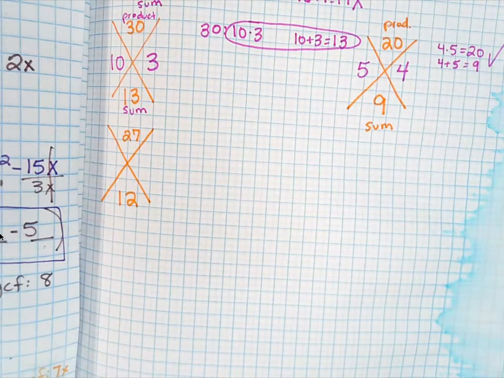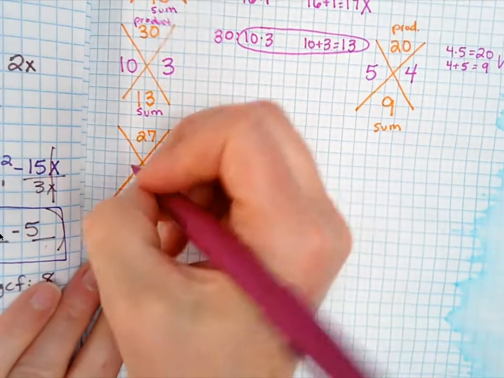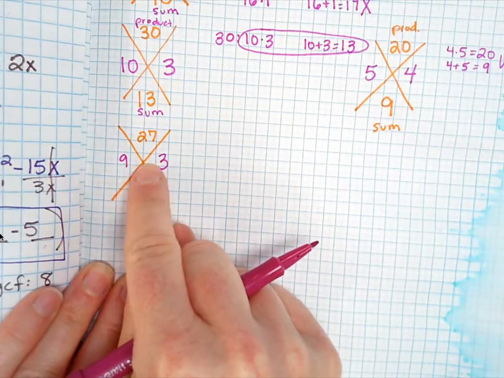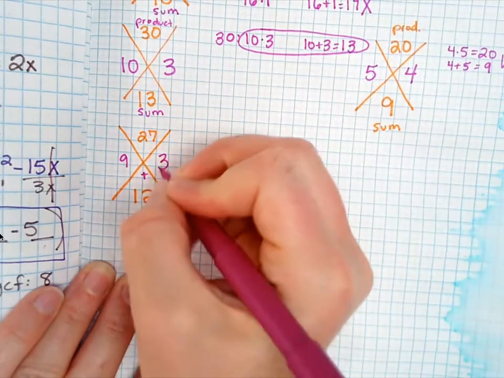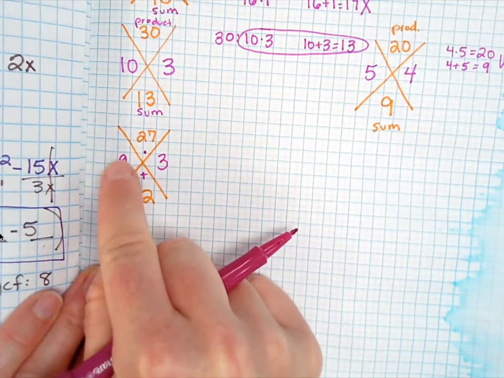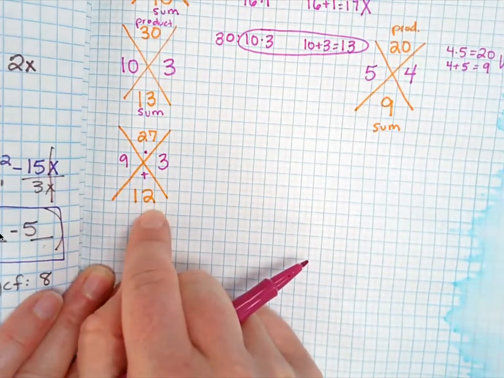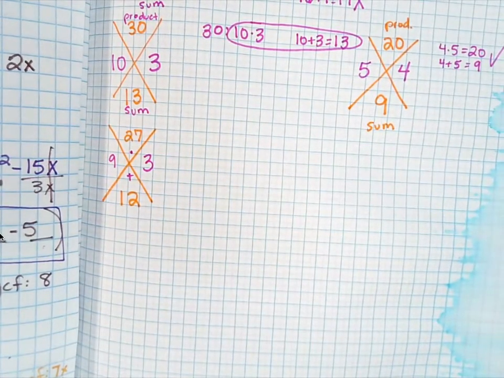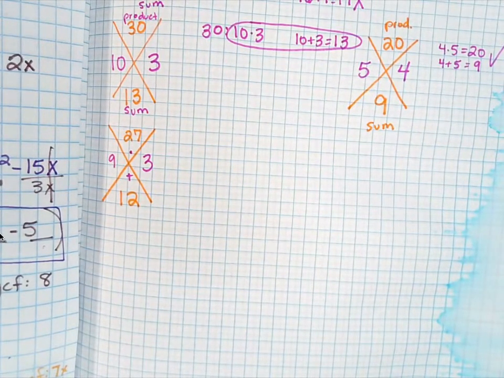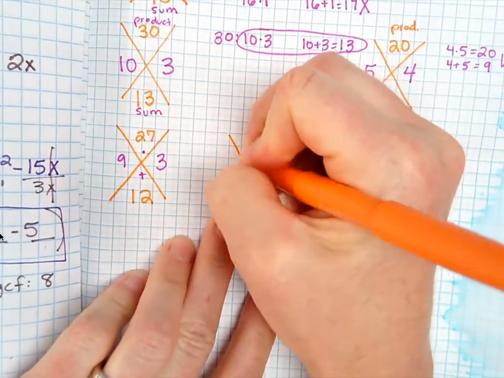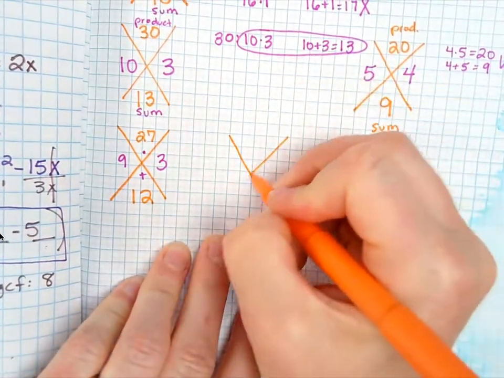What do y'all think? Yep. 9 times 3 is 27. 9 plus 3, so this would be plus, this would be multiply. 9 times 3 is 27. 9 plus 3 is 12. That works. All right, so of course it's going to get a little bit trickier because I'm going to add some negatives in there. So much fun.